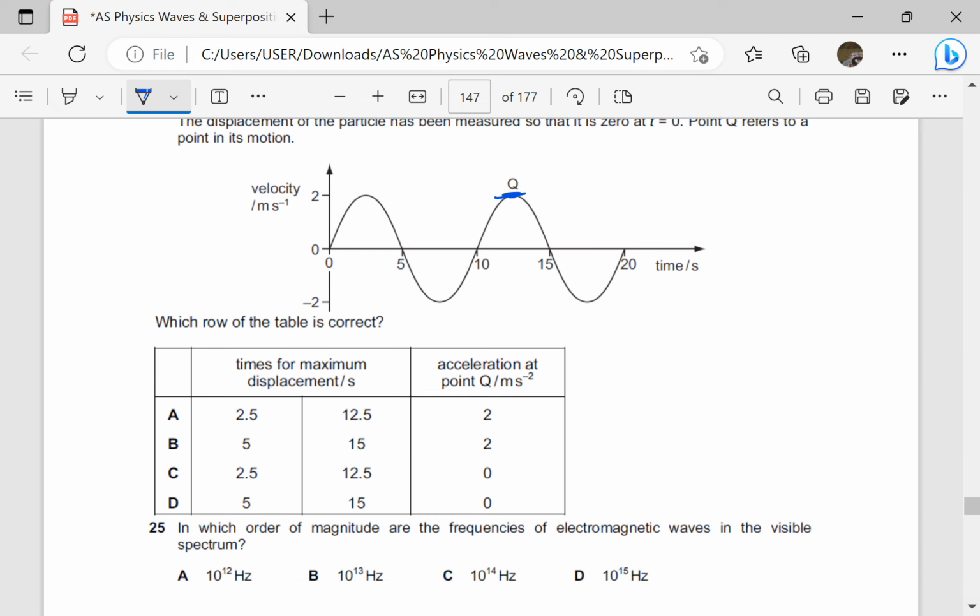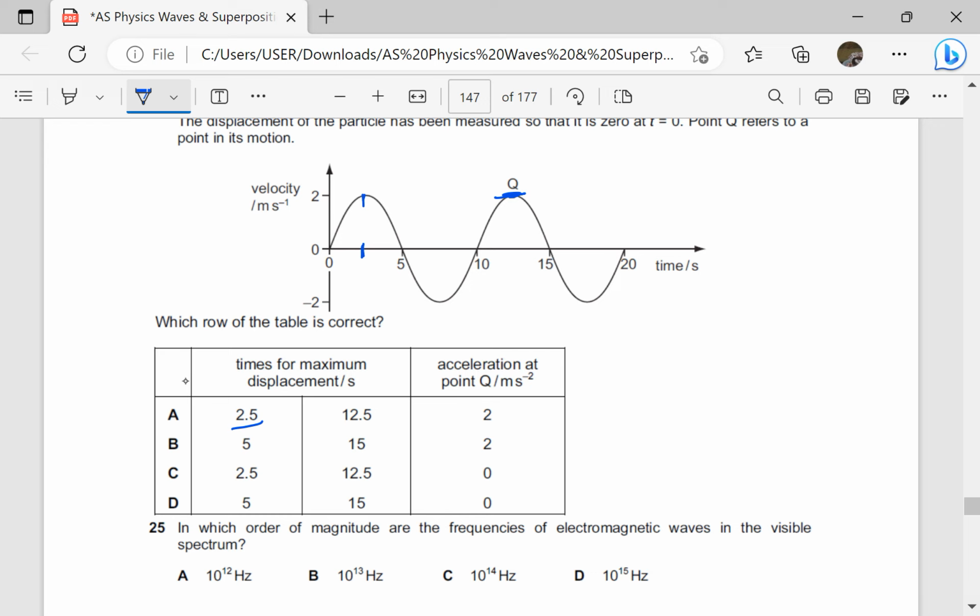Times for maximum displacement, in seconds. Okay, we have A, 2.5. That is true because at maximum displacement, the velocity is 0. When the velocity is maximum, displacement is 0.